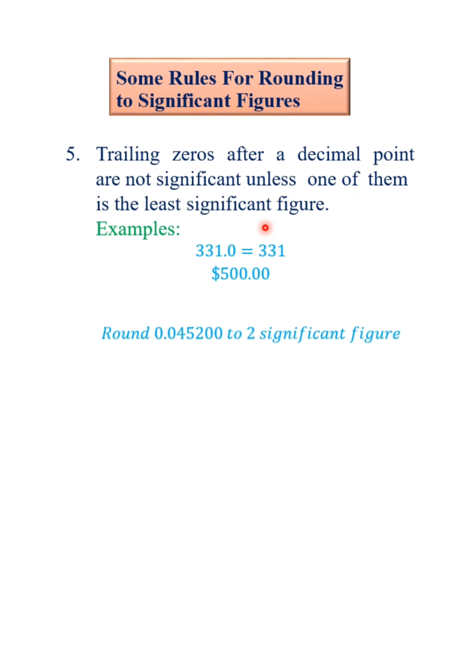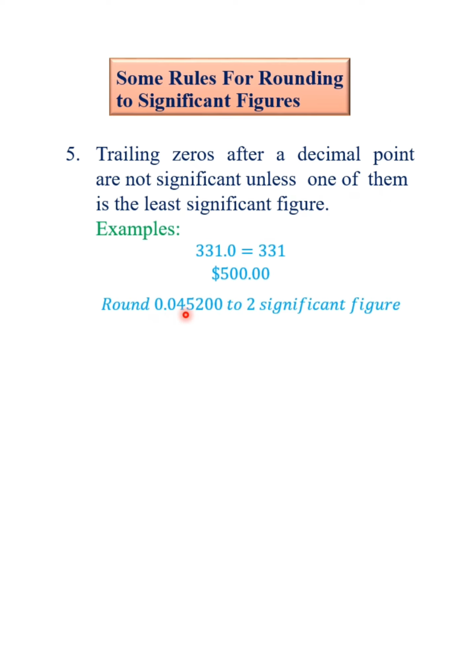Let's take further examples. If you are to round 0.045200 to two significant figures, we start counting from 4 because these two leading zeros are not significant. So the first significant digit here is 4. The second one is 5. The third one is 2. These two other zeros are not significant.